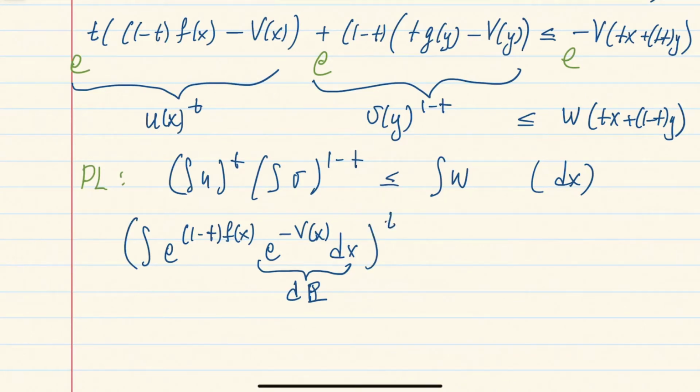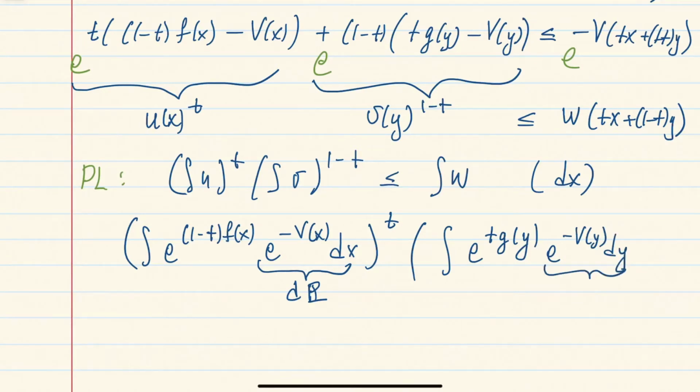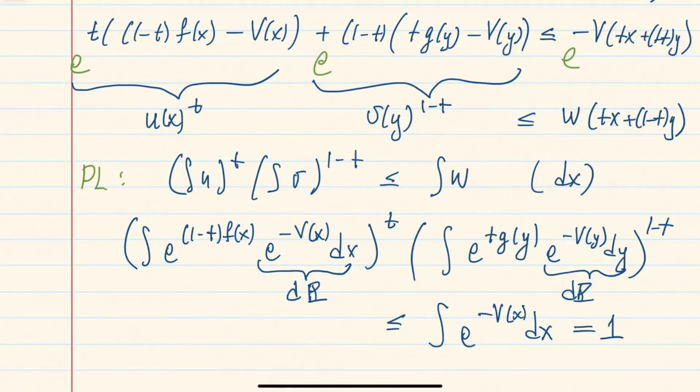Okay, so this is to the power t, and then the second term you're integrating e to the t g of y, again e to the minus v of y dy, but this is the integral with respect to the Gaussian measure, so this comes to the power 1 minus t, and on the right hand side you just integrate e to the minus v of x dx, which is just the integral of the Gaussian density, which is 1.